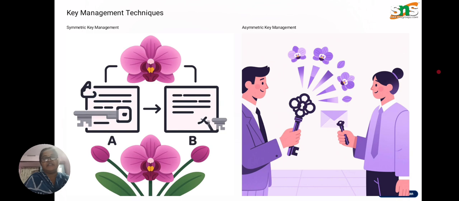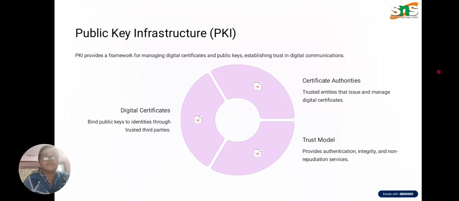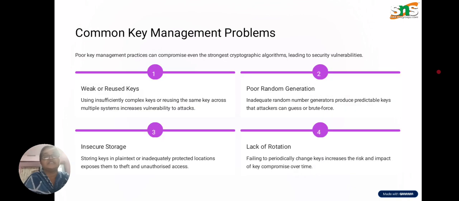PKI, that is public key infrastructure, is the system that manages the digital certificates and keys. It also helps in building trust between the users. This is the pictorial representation of the public key infrastructure. It involves certificate authorities, trust models, digital certificates, etc.